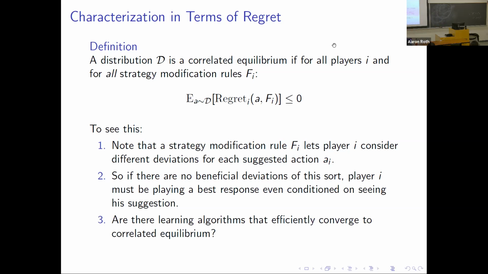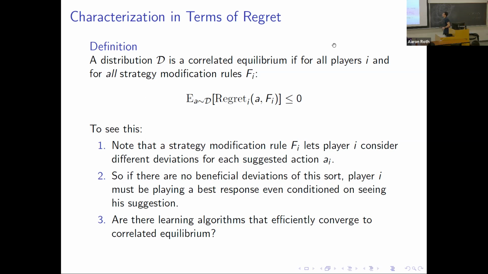then in asking the question, are there learning algorithms that efficiently converge to correlated equilibria, just as the polynomial weights algorithm efficiently converges to coarse correlated equilibria? We can again abstract away the game theory part of it and approach this as a pure machine learning problem.